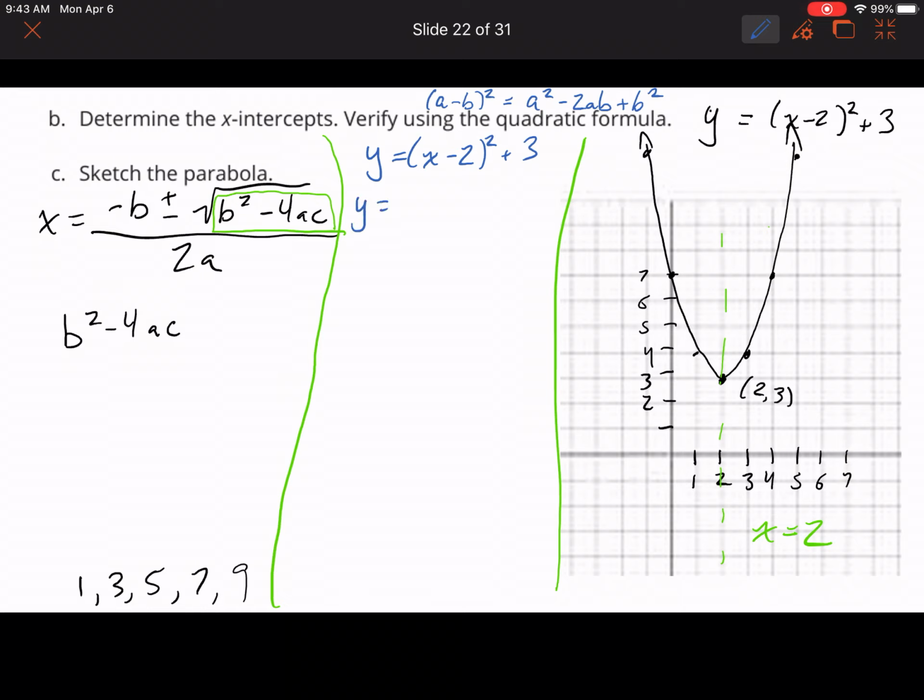So a squared is x squared minus 2 times 2 times x is 4x plus b squared plus 4 plus 3. And then, of course, simplify that.